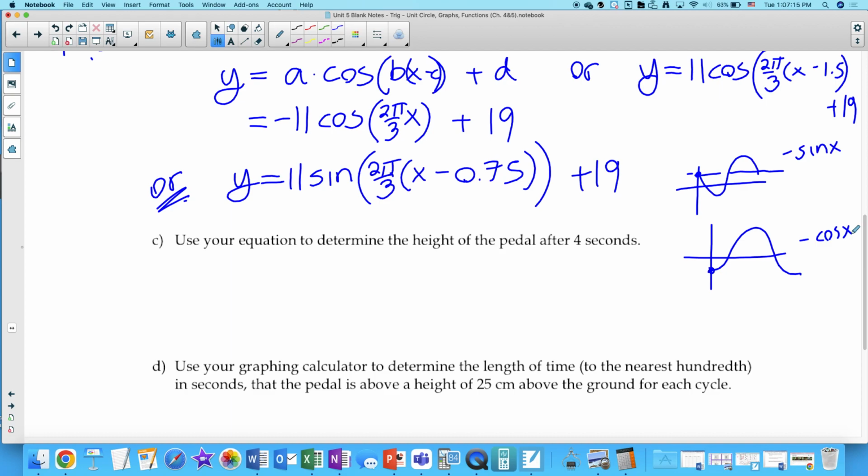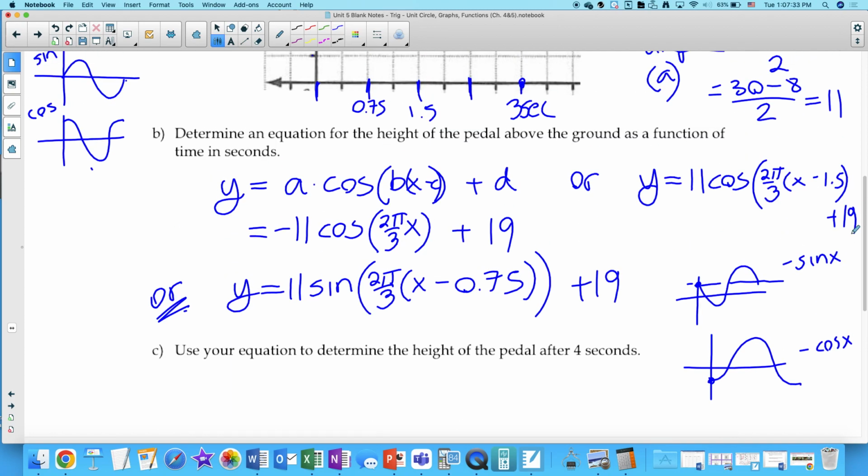Okay? All right, so use your equation to determine the height of the pedal after 4 seconds. Well, if you plugged in x equals 4 to any of these, you should get the same answer. So let's just pick one of them. We'll just use this one. So y equals negative 11 cosine 2 pi over 3 times 4, plus 19.